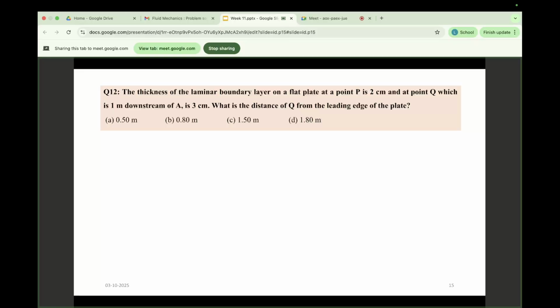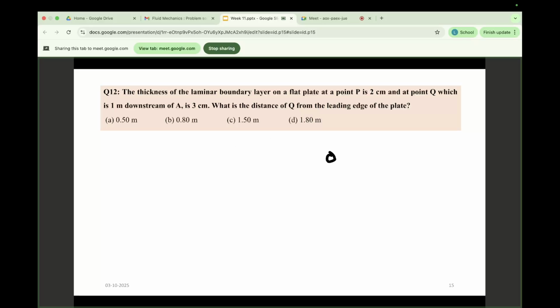What is the distance of Q from the leading edge of the plate? You just use this formula of delta for the laminar boundary condition. Accordingly you will be easily able to solve this one. Please try to solve.